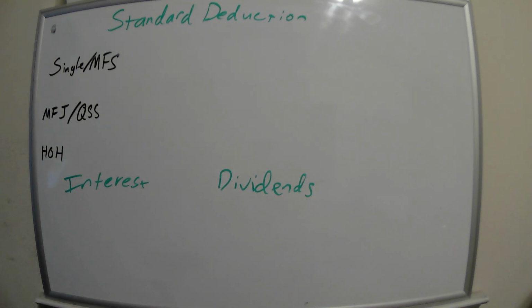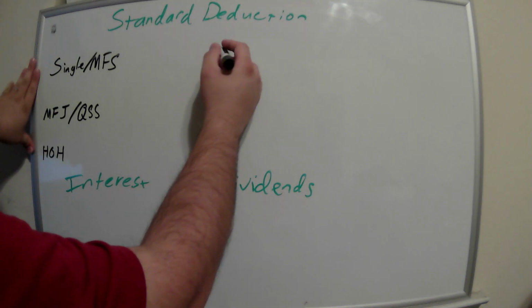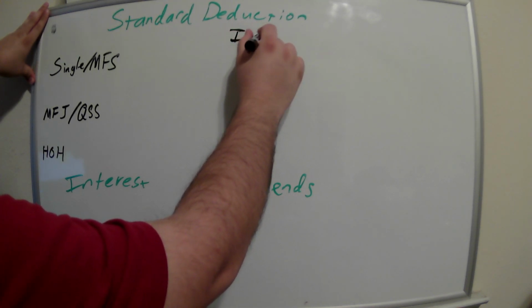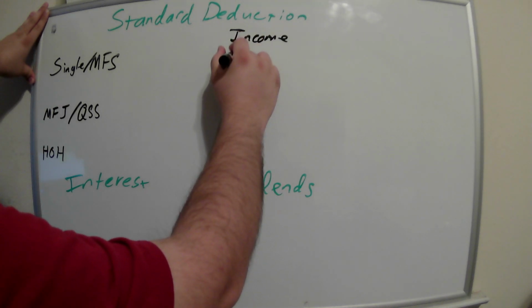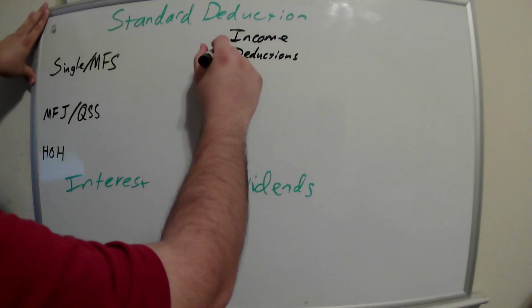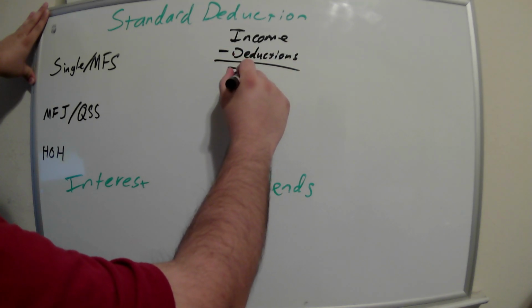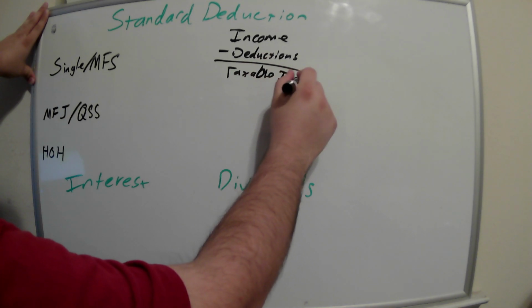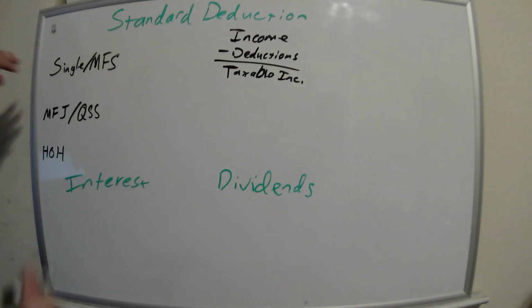Standard deduction is the concept that we get to take a certain amount away from our taxable income. From the basics video, I talked about how we have income and then we have deductions, and deductions reduce our income to get taxable income, which we use to figure out how much tax we're actually going to pay.